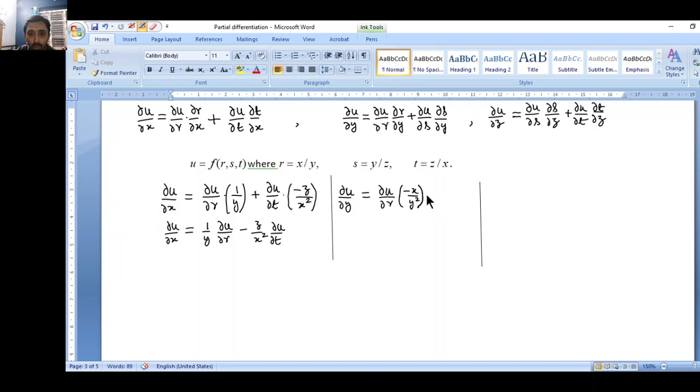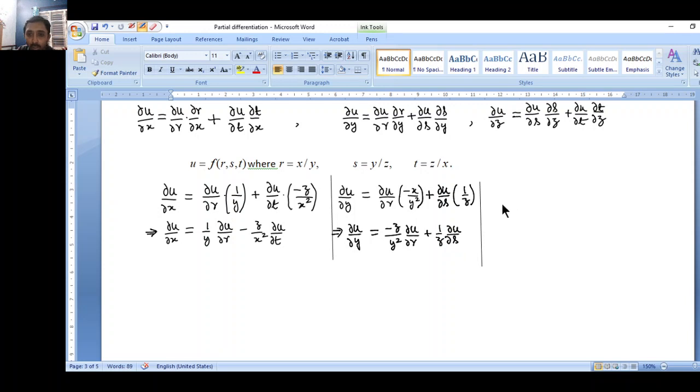Okay, so the first term will be ∂u/∂r into -x/y², plus ∂u/∂s into ∂s/∂y. Here it is going to be 1 by z. So this implies ∂u/∂y is going to be -(z/y²) ∂u/∂r plus (1/z) ∂u/∂s.